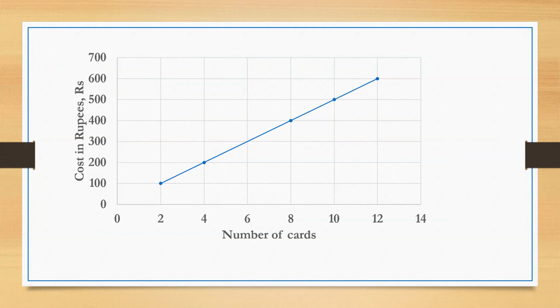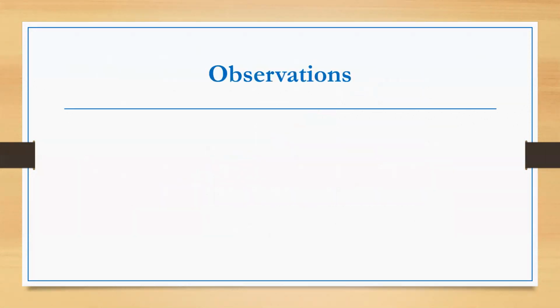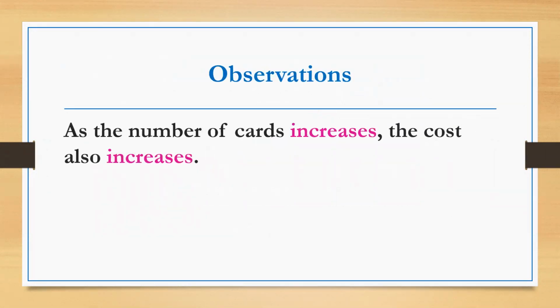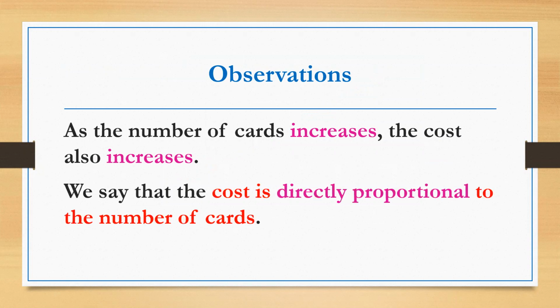Now, based on the table shown previously and on the graph, what can you observe? You can see that as the number of cards increases, the cost also increases. We say that the cost is directly proportional to the number of cards.